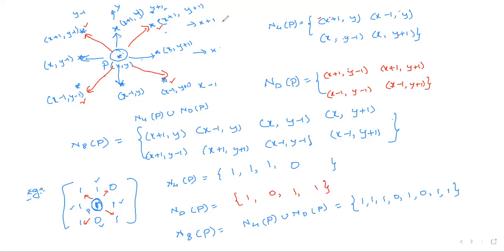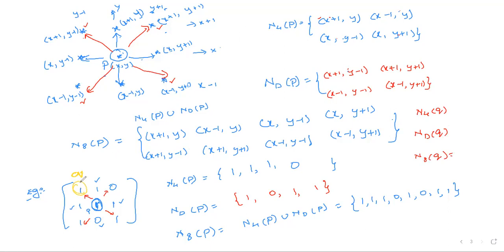Suppose now I am taking this one as Q. Now calculate N4 of Q, ND of Q, N8 of Q. So this one is Q now.